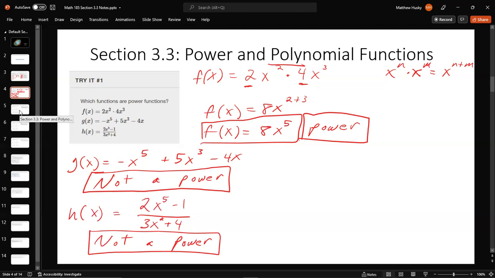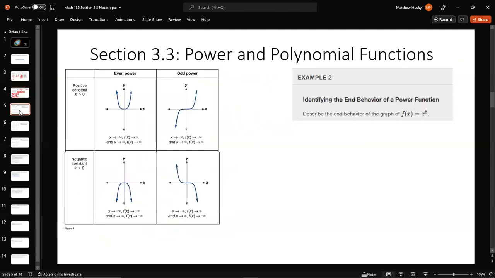Okay, so let's see what else we have going on here. So, identifying the end behavior of a power function. There's basically a couple of different things that can happen. The thing to look out for is, first of all, do you have an even power or an odd power? That's the first thing you want to check. And then the other thing you want to see is, do you have a negative constant or a positive constant?